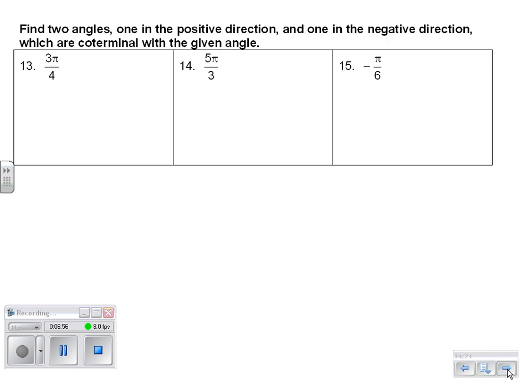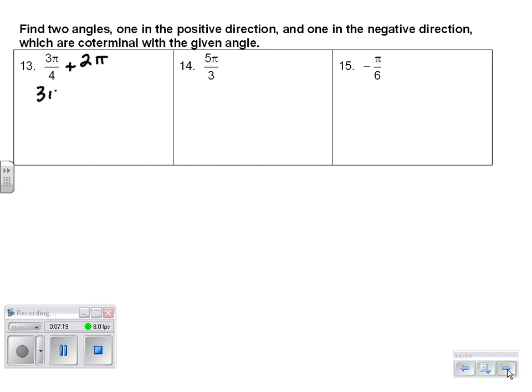Number 13. Find two angles, one in the positive direction and one in the negative direction, which are coterminal. Remember coterminal angles: when we were doing degrees, we added 360, one complete revolution, so that the angles had the same terminal side. Here, we don't add 360, but it's equivalent. We're adding 2 pi, and then we'll subtract 2 pi.